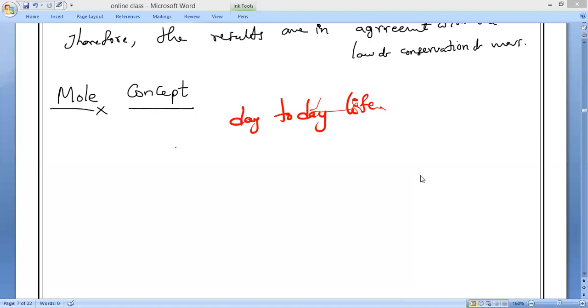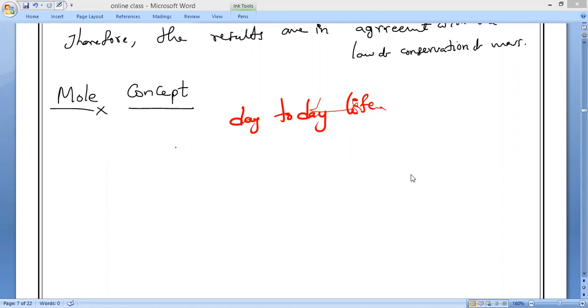But have you ever thought, if I ask you to count the number of rice grains present in a field, why can't we find this in numbers? Suppose I have given you one big packet of rice and I ask you to count it.